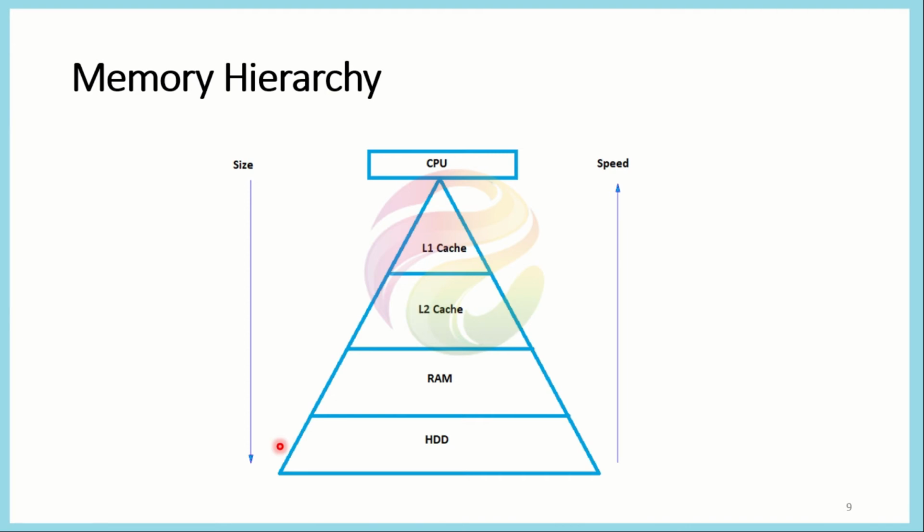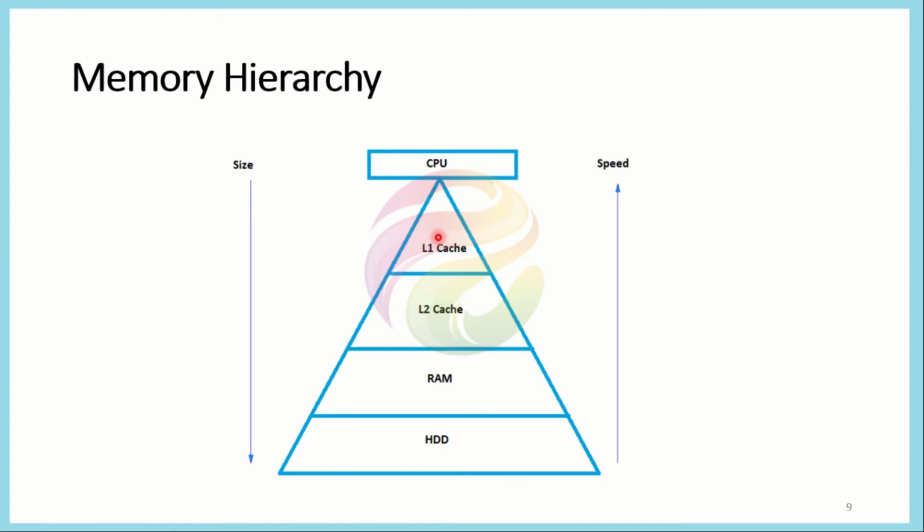Then we have the hard disk, and the common convention today is around 1 TB. So as you go further away from the CPU or the processing unit, the size of the memory increases. But on the other side, if you look at the speed of the communication, this tells how fast it can communicate with the CPU.